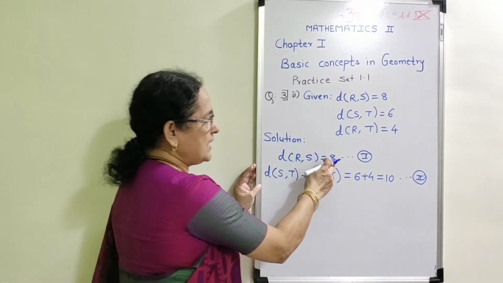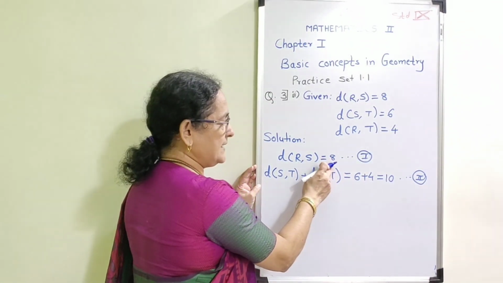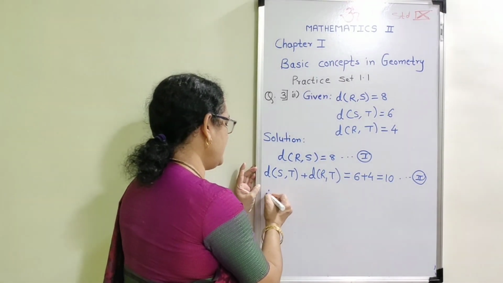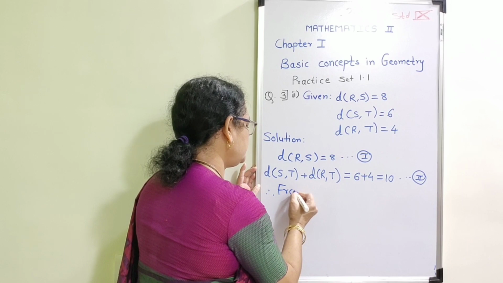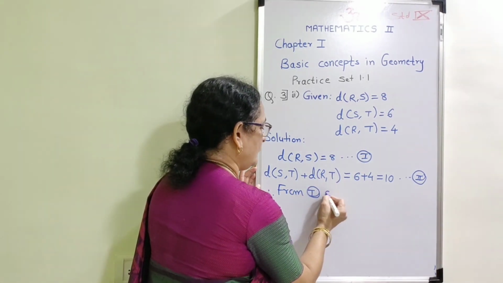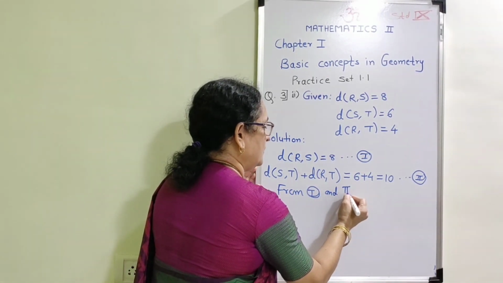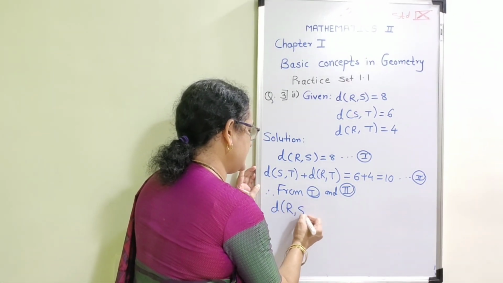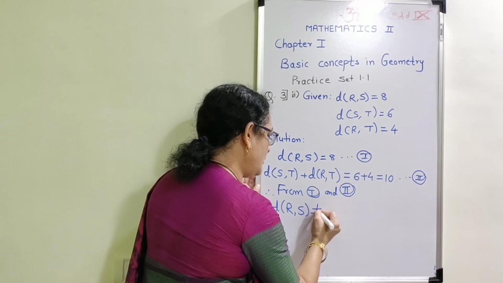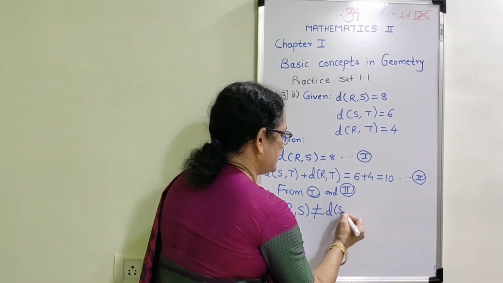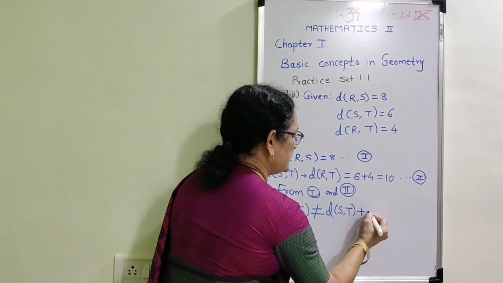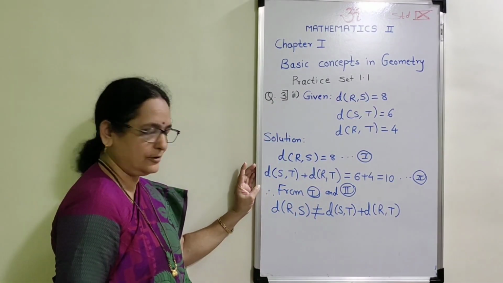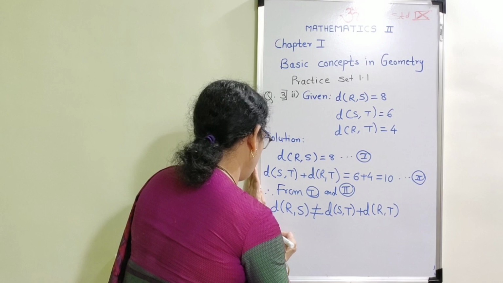Now observe the right hand side. Here it is 8, but the addition of the remaining 2 is 10, and therefore from 1 and 2 we get distance RS is not equal to distance ST plus distance RT.